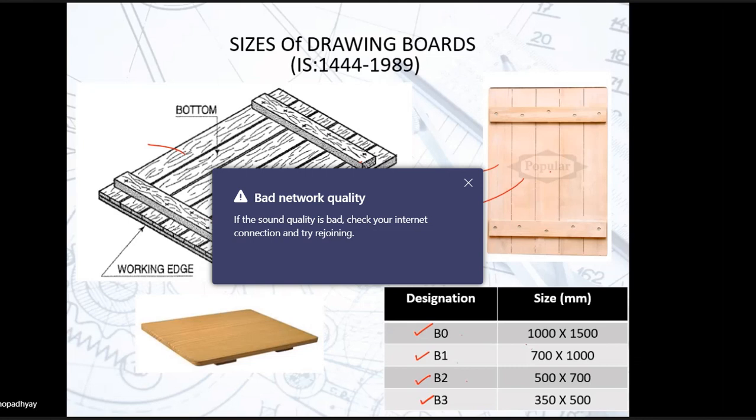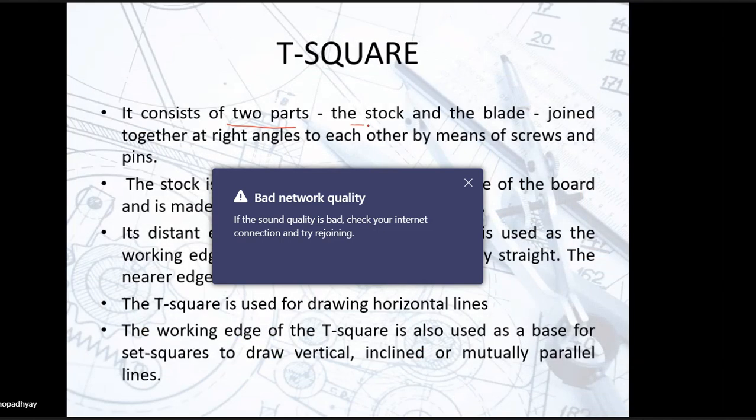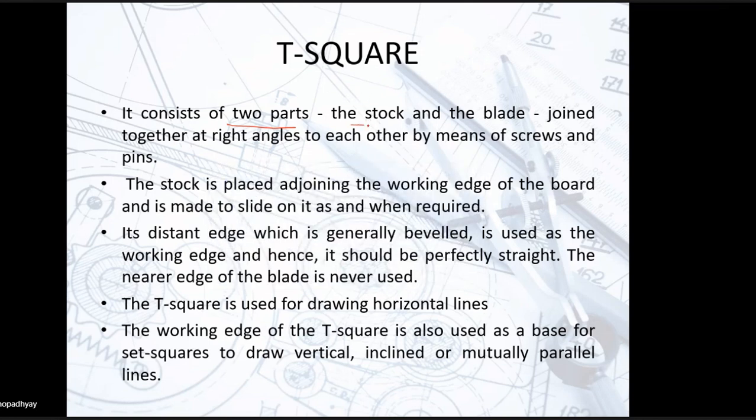This looks something like this. So by gliding this T square, this is the working edge of the board. By gliding the T square along it, you can draw long parallel lines.